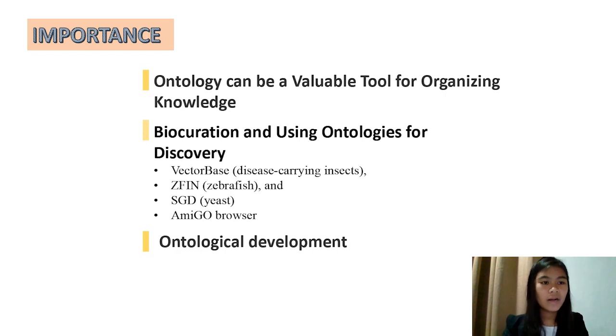So let's look at the importance of the ontology. First is that ontology can be a valuable tool for organizing knowledge. An example of this is in biology, the classification of species. So, madali na lang i-connect kung sino yung mga nasa isang lineage.